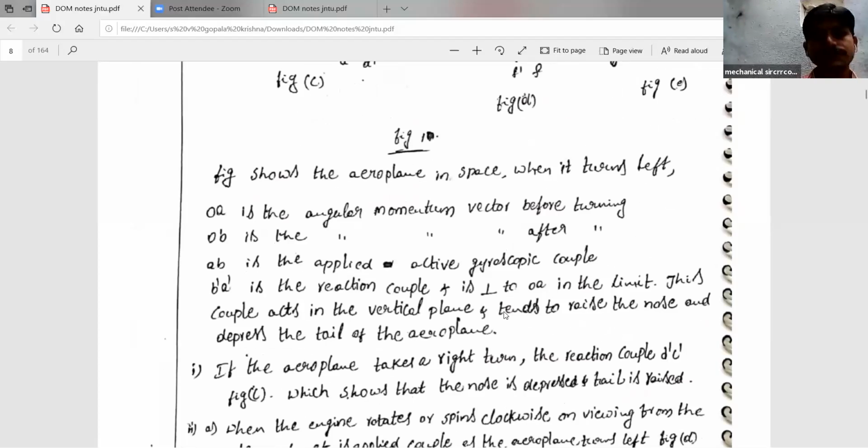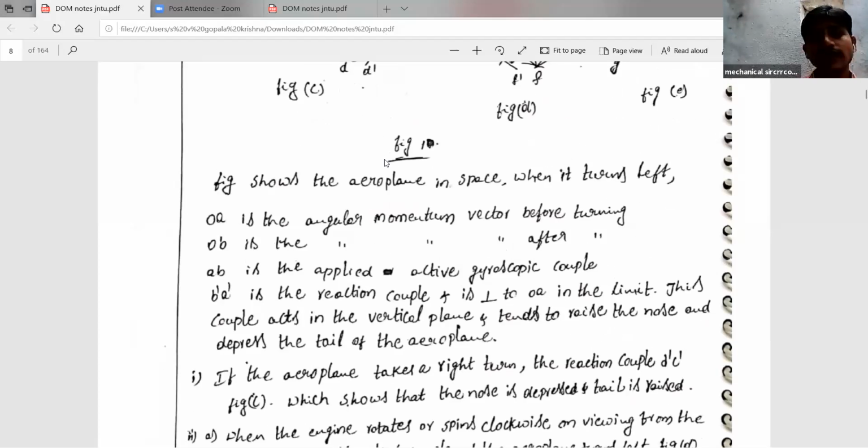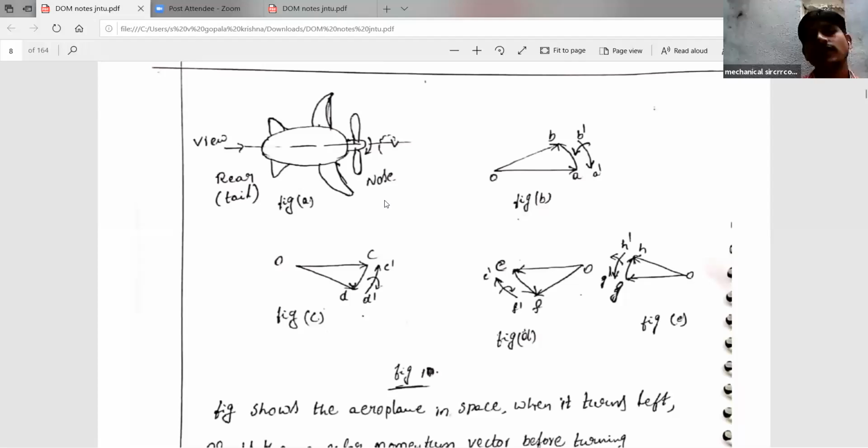And the second condition is when the plane takes a right turn. The condition is the same: the propeller rotates clockwise when viewed from the rear end, and the plane takes a right turn.